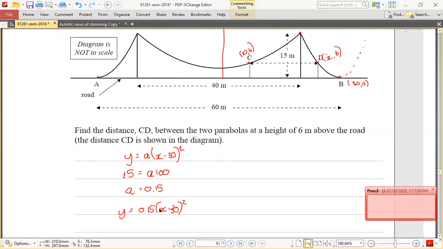Yeah. So what's that going to expand to? What does this expand to?